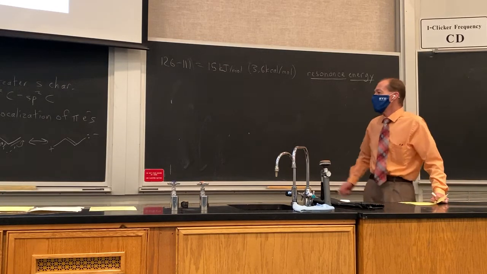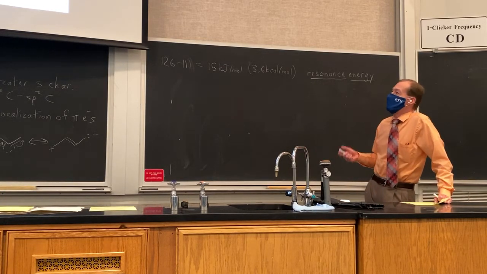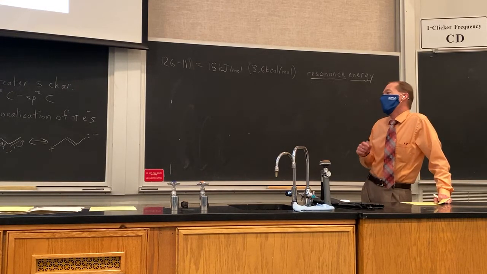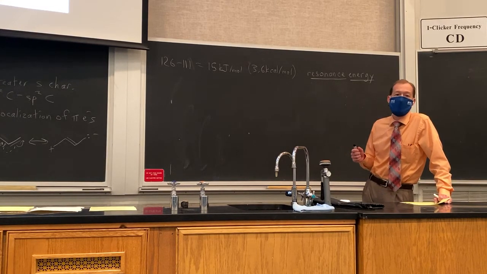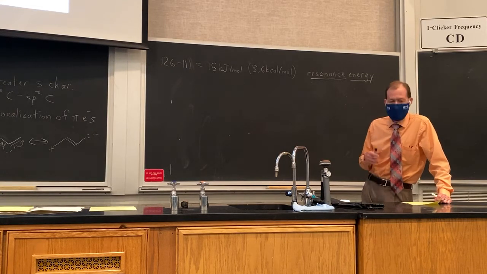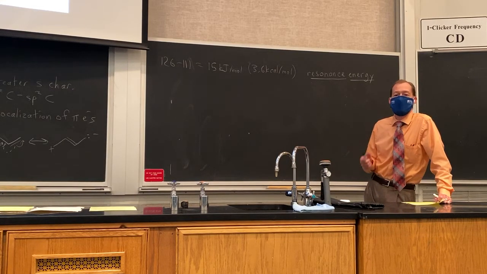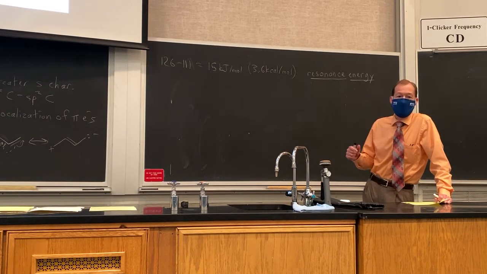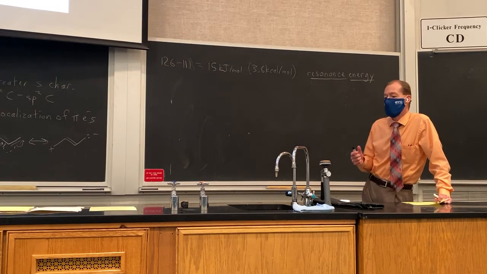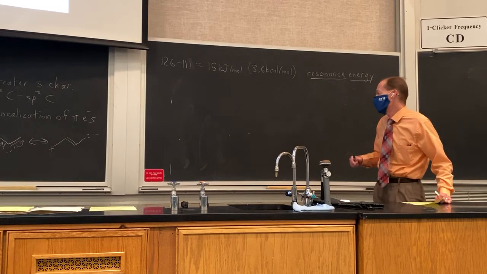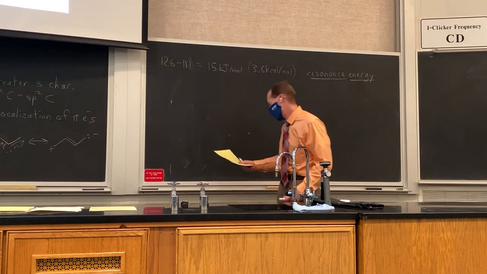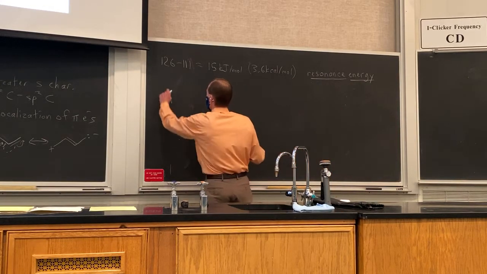Okay, so now that we understand the increased stability and we've been able to measure the increased stability of a conjugated diene relative to an isolated diene, we're now going to discuss specific reactions that either are only possible with conjugated dienes or will give a different outcome with a conjugated diene when compared to an isolated diene. And the first reaction is one we've seen before, the addition of HX.